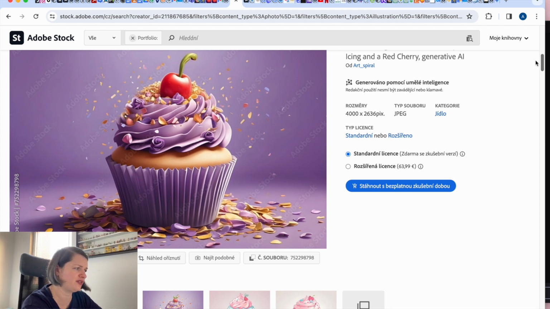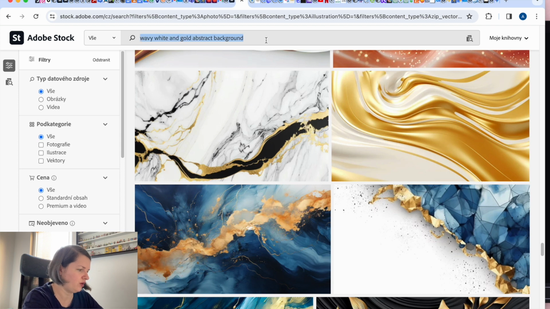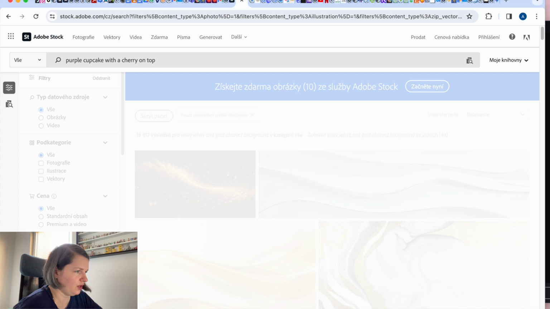So with the photos of food, I would just stick to the photorealistic images, and let's again search purple cupcake with a cherry on top. If it finds something like that, we'll see.